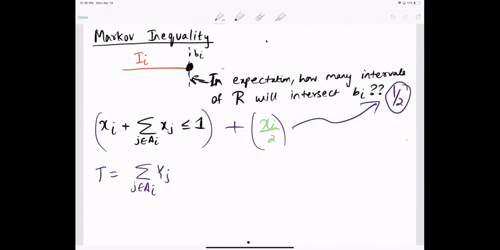Hold on, give me a second, let me just figure this out. This is just some simple arithmetic which is confusing me here.